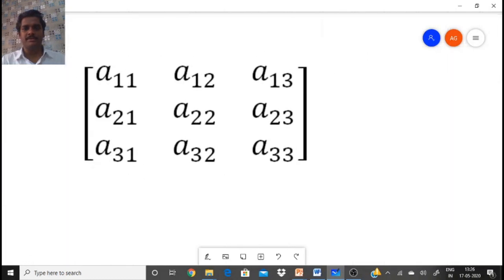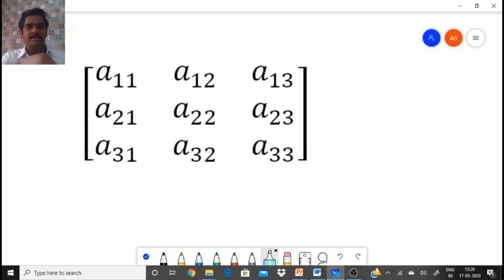That's a square matrix of order 3, which we call. So we have to discuss here what are the diagonal and non-diagonal elements.